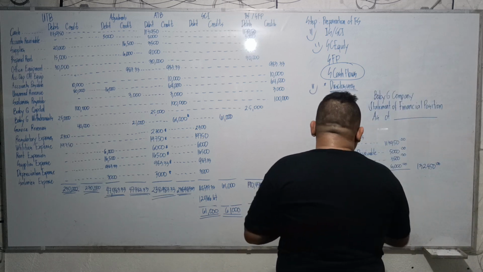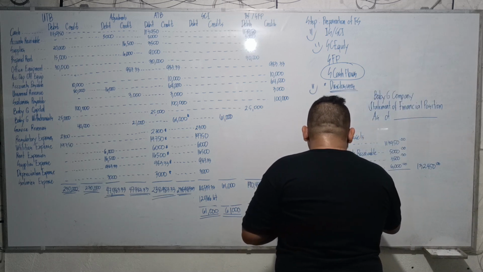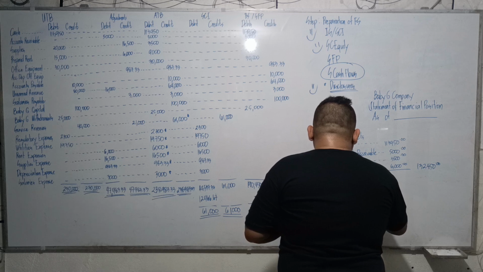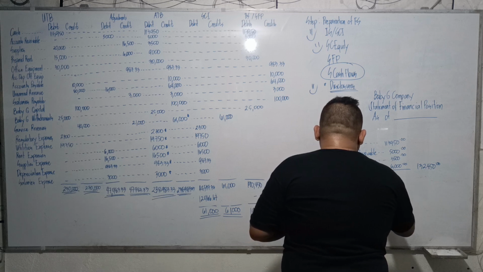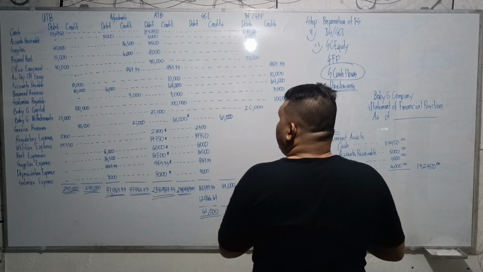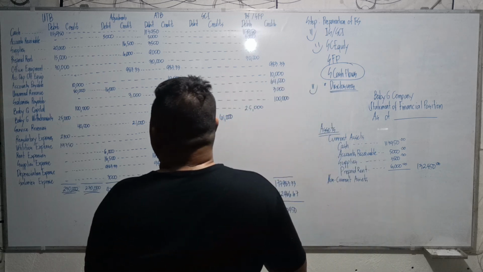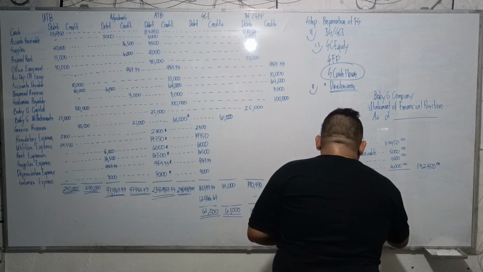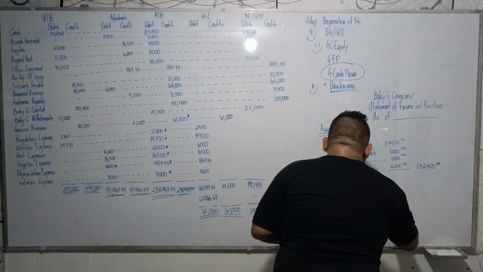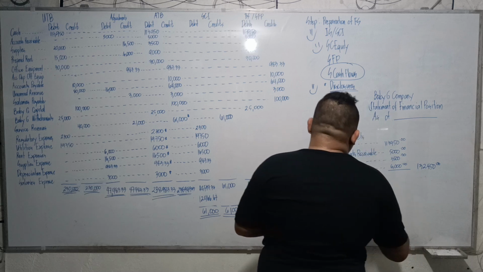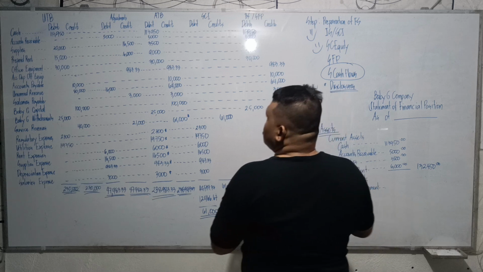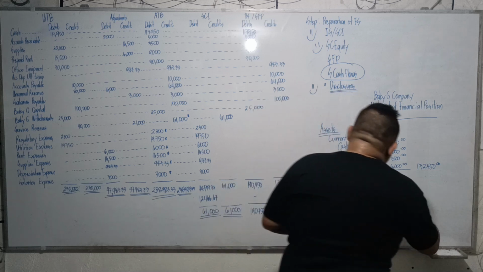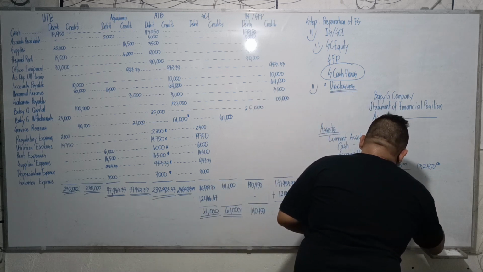And then we will have the non-current assets, in which we only have, how much do we have here? We only have office equipment. But this time, aside from putting on the amount for the office equipment, for example, we have the gross amount or historical cost of 30,000.